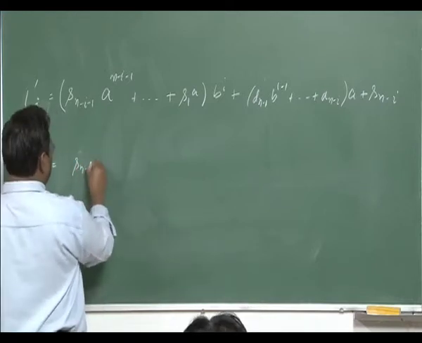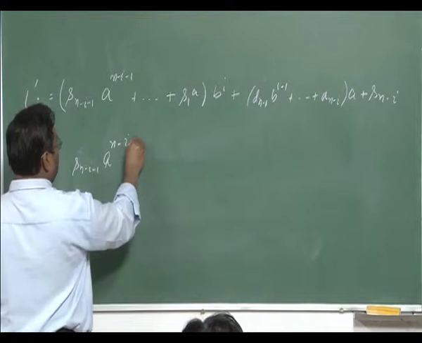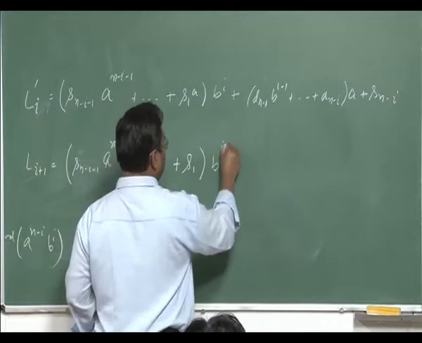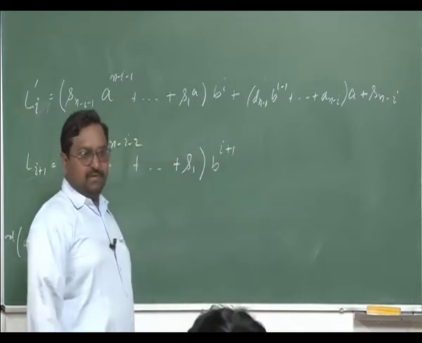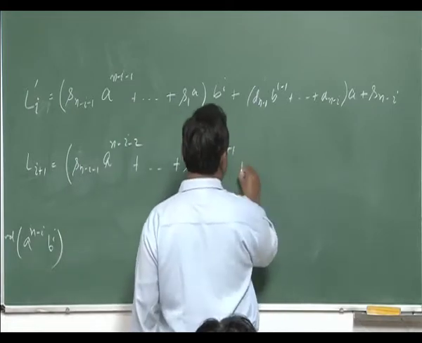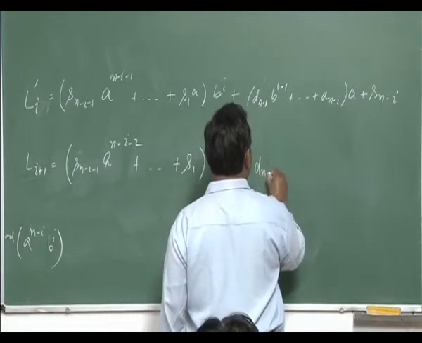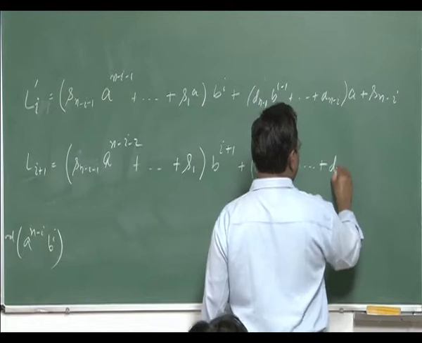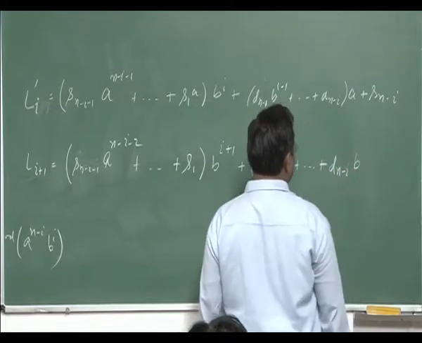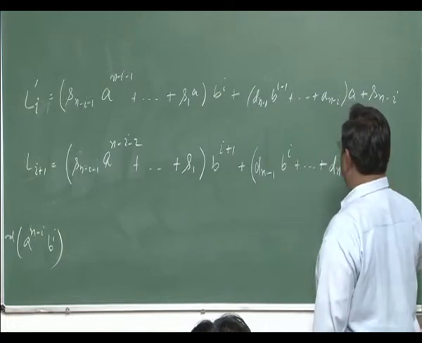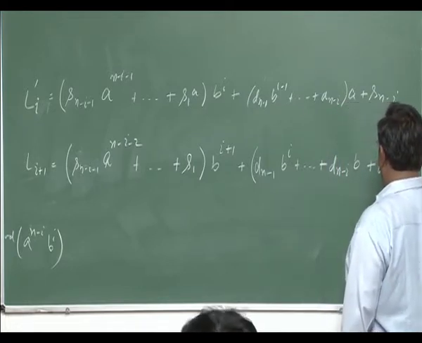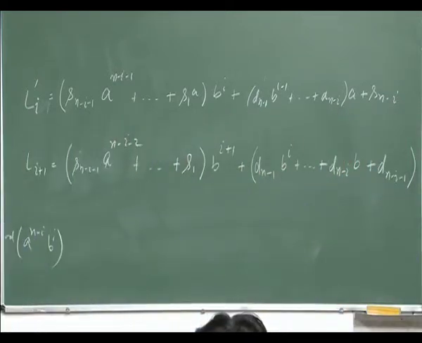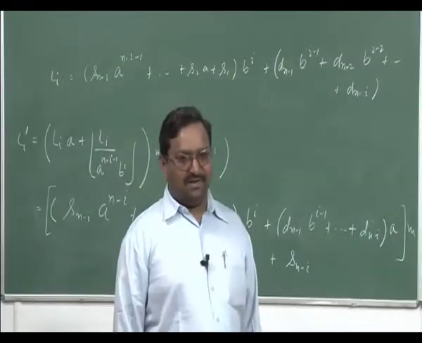So, it will be Sn minus I minus 1, because everything has to be multiplied by b to get Li+1. And of course, the last one. So, I think this fits. If it is true for I, then it is proven for I plus 1.